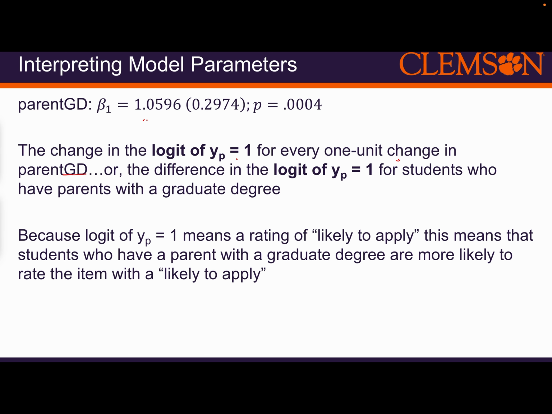So basically, it's the difference in logits between someone with a parent with a graduate degree and someone without. Because the logit is for a rating of likely to apply, this means that students who have a parent with a graduate degree are more likely to rate the item as likely to apply. The logit goes up, so the probability goes up.